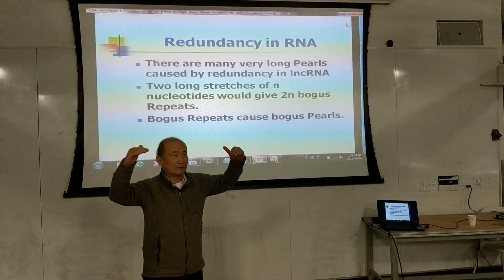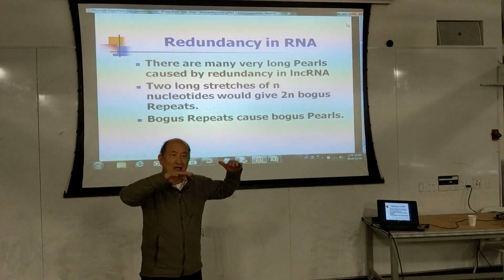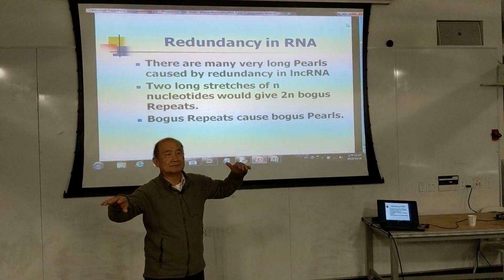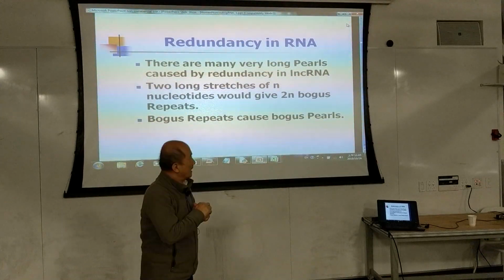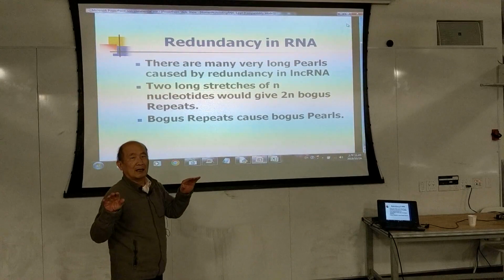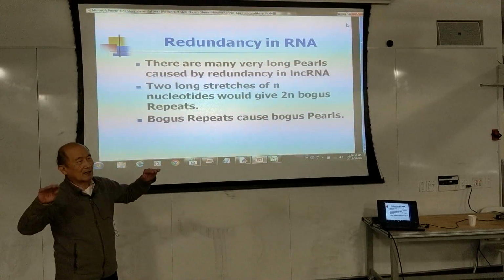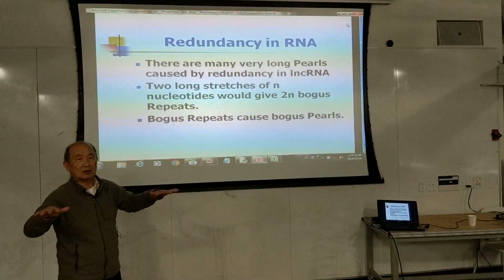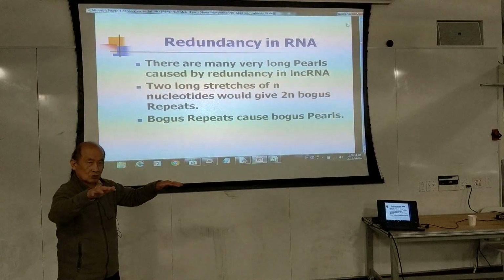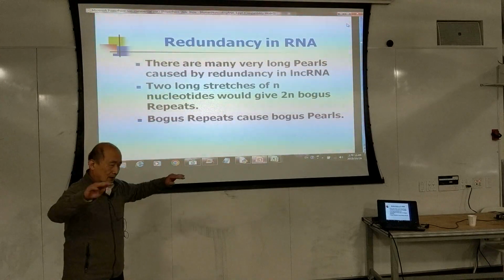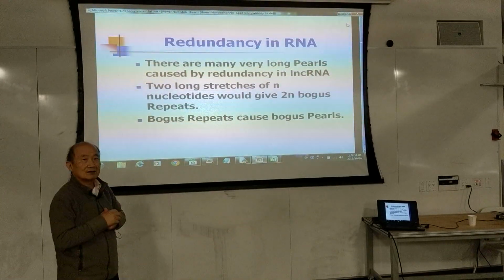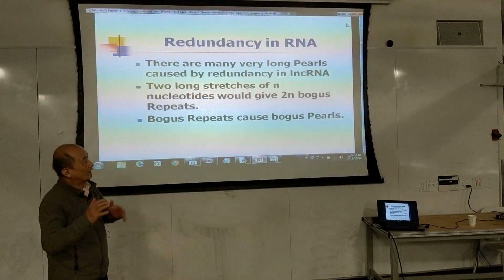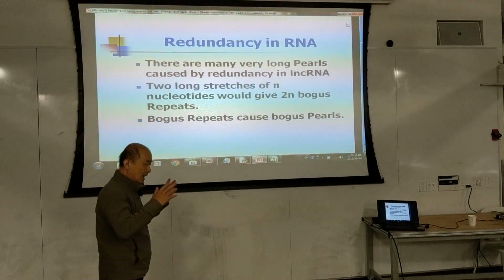Okay. Only after I eliminate all the repeats can I be sure that this long stretch of nucleotides is a valid pair or valid sequence that has a real meaning.